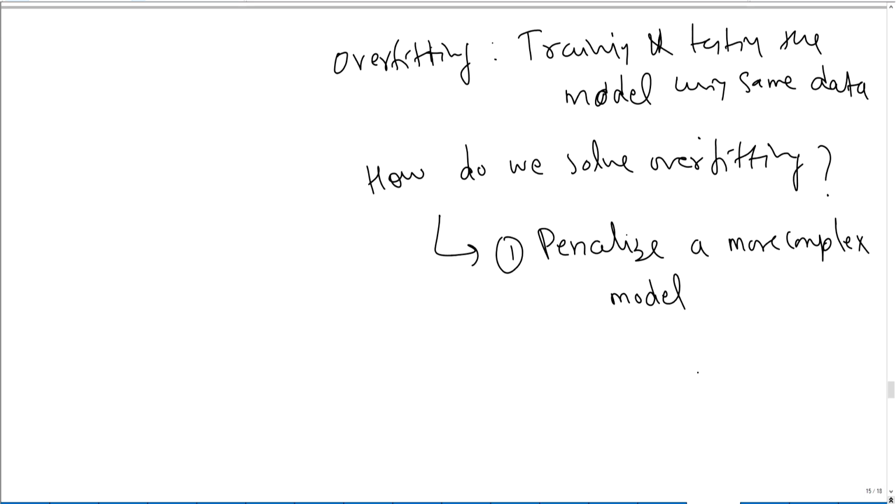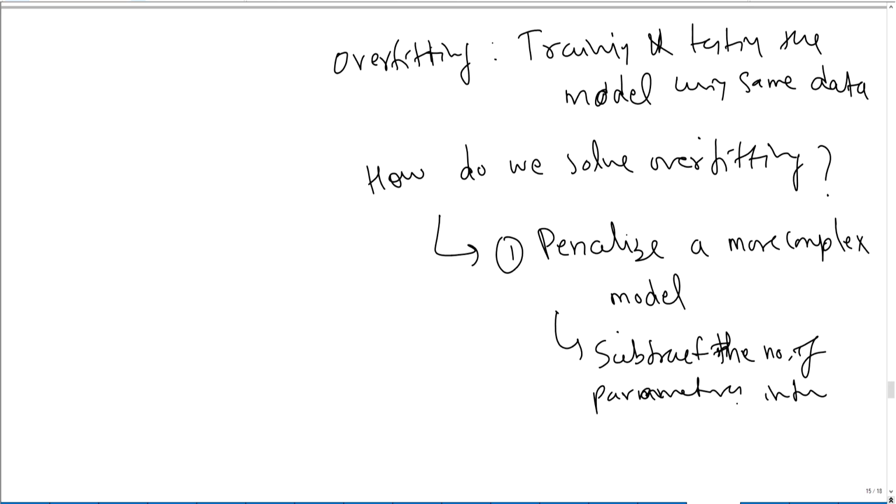How do we penalize? Let us say we subtract the number of parameters in the model from its expected log predictive density.